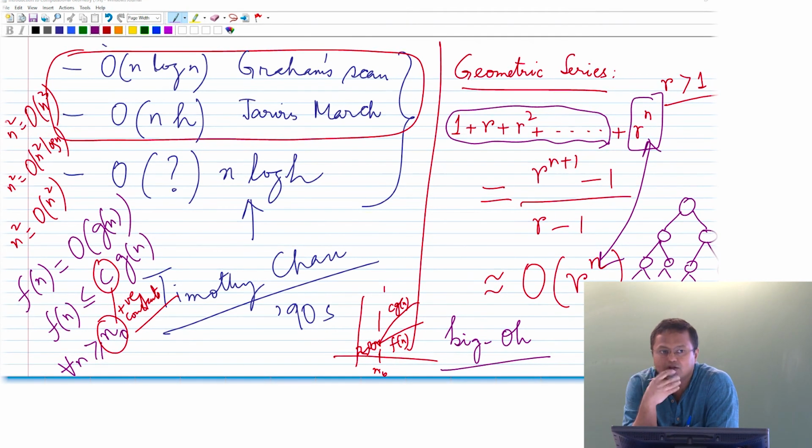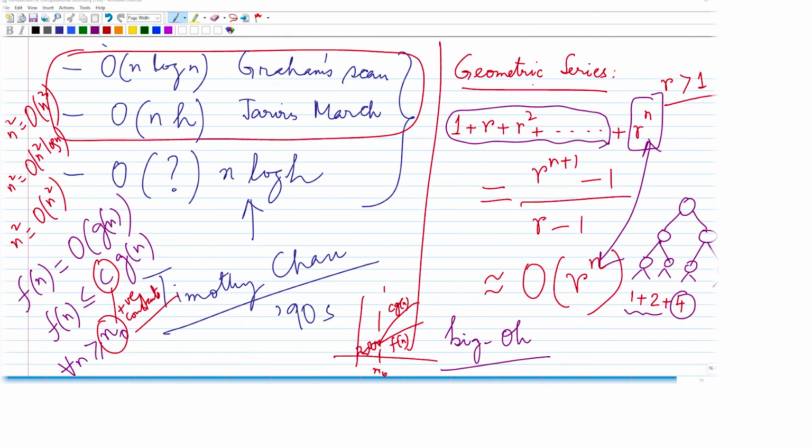That is the story, that your number of leaves in a complete binary tree dominates your number of internal nodes. This actually follows from this idea of geometric series, that in a geometric series it is the last term that dominates. Fine. So, I will use this idea to design our next algorithm of n log h.